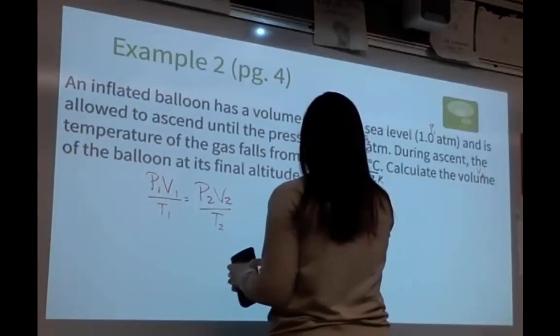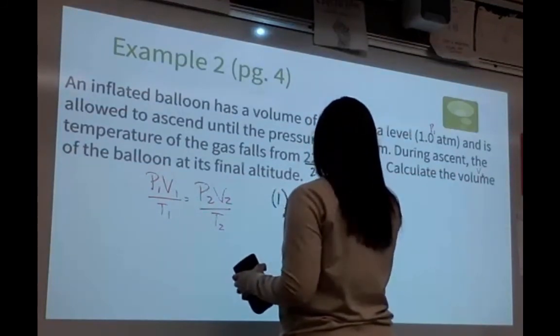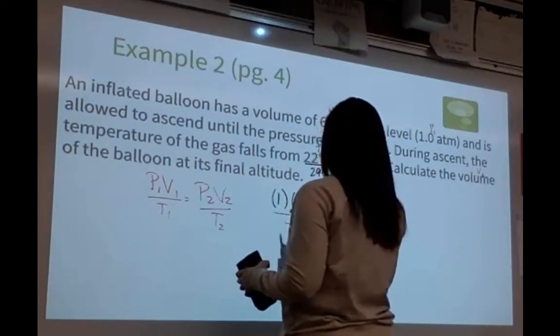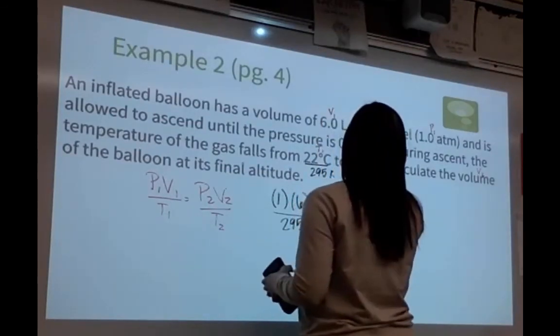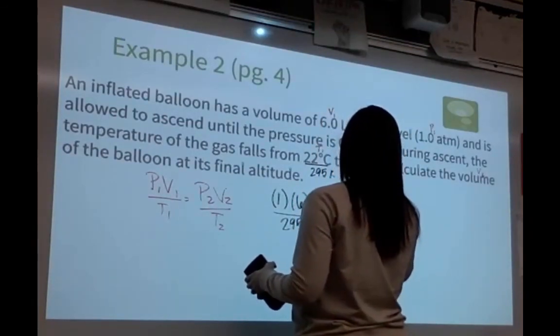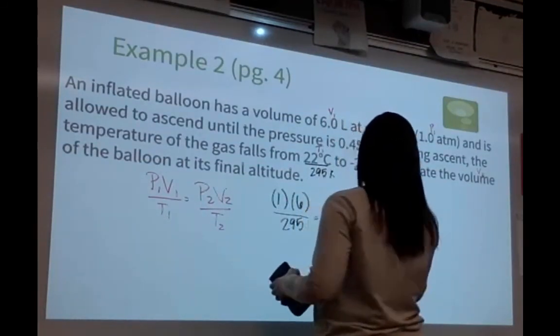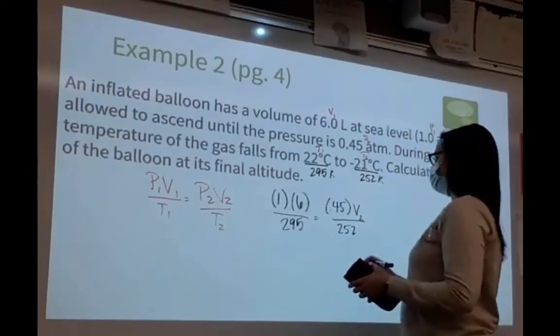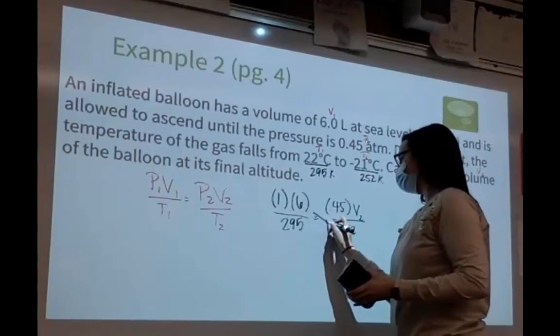So P1 is 1 atm, V1, 6 liters, T1, 295 Kelvin. P2, 0.45. V2 we're solving for. T2, 252. Now the way that you solve this is up to you, whether you cross multiply or you just kind of solve on each side. I'll cross multiply.